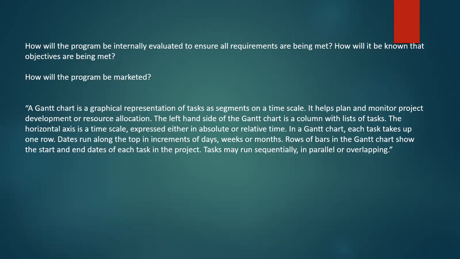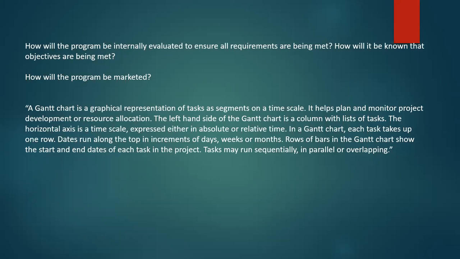It helps plan and monitor project development or resource allocation. The left-hand side of the Gantt chart is a column with a list of tasks. The horizontal axis is a time scale expressed either in absolute or relative time.